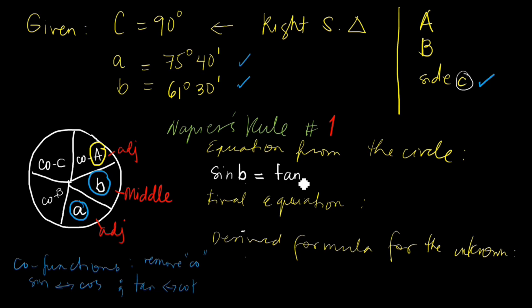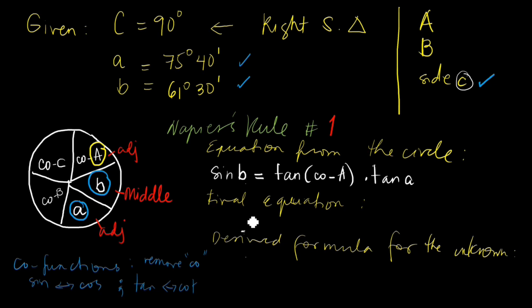So tangent of CO, that is the complement of angle A, times the tangent of side A. Remember with the product, with the multiplication, you can use a dot or none, because it is already understood that the operation here is multiplication.